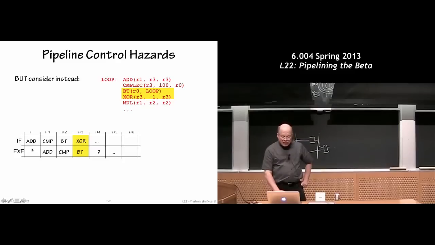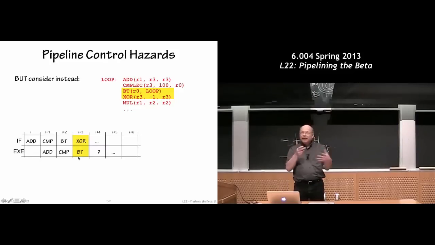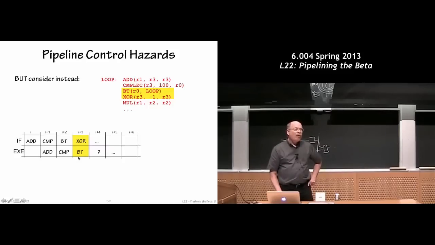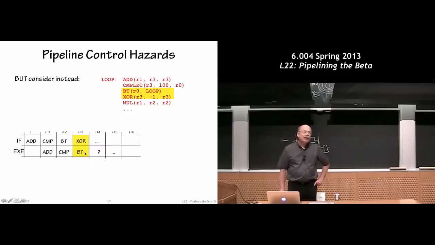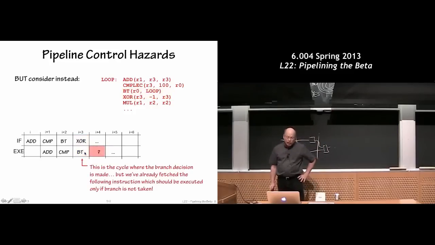So this means that at this clock cycle we actually have the information from the register file. In the execute stage, we're going to go off and fetch RA, and the branch instruction wants to look at RA to see if it's 0 or non-zero. And so the decision about whether we're going to go back to the beginning of the loop or execute the XOR is being made in clock cycle I+3 for the first time through the loop.